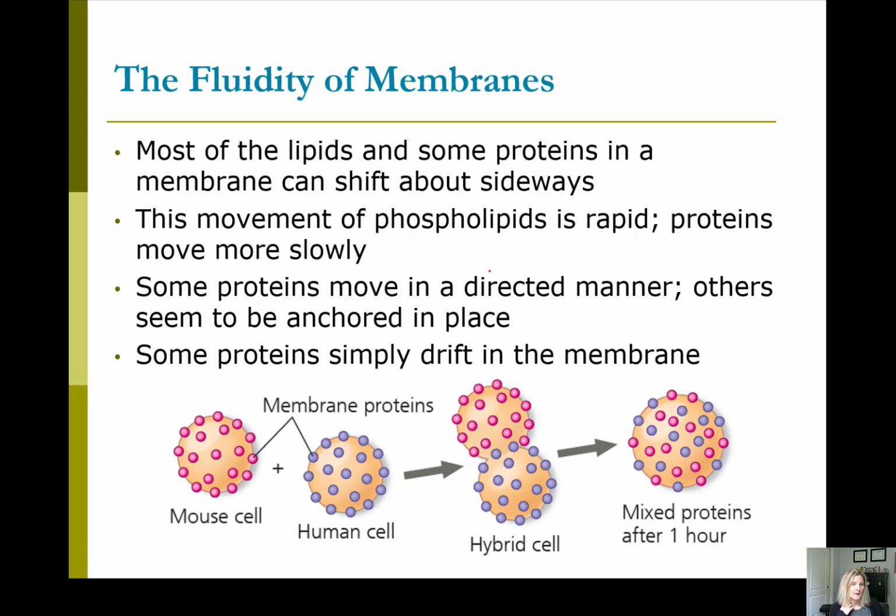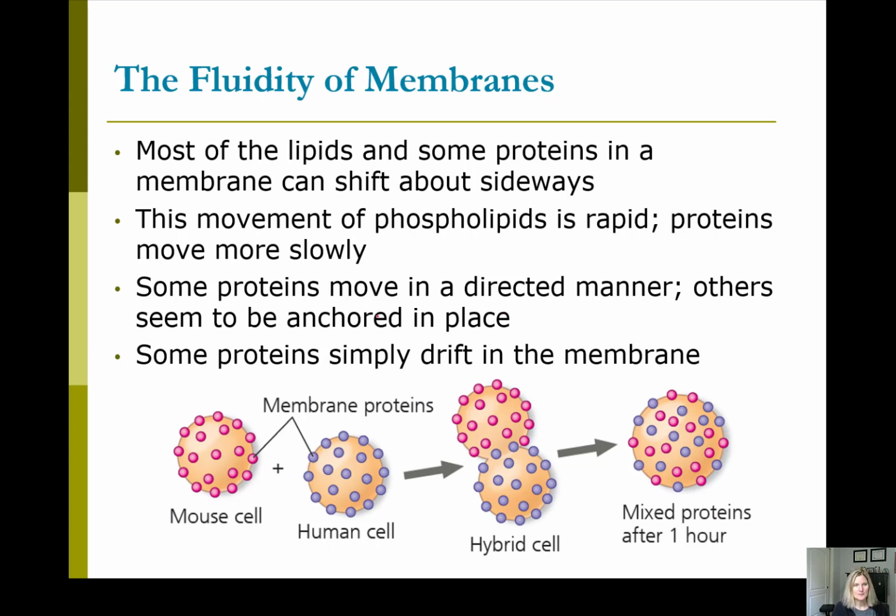So we'll see how, in the video, it talked about endocytosis and exocytosis. Okay, so endocytosis, remember we have some big particle entering the cell, and you can notice that it surrounds itself with the plasma membrane. So the plasma membrane is shifting quite quickly, whereas the proteins themselves are not.